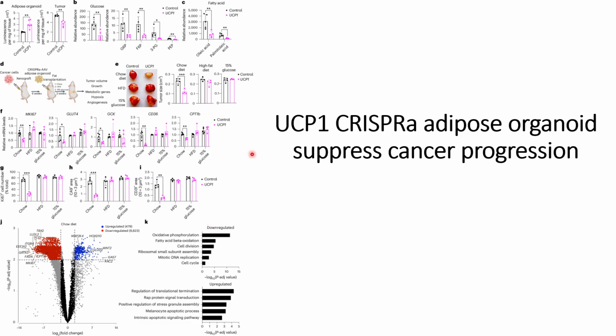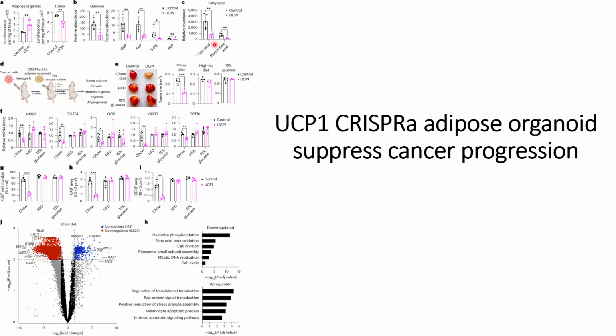So all this data finally supports their hypothesis that this UCP1 CRISPR adipose organoid might compete for fat and glucose consumption with the cancer cells.